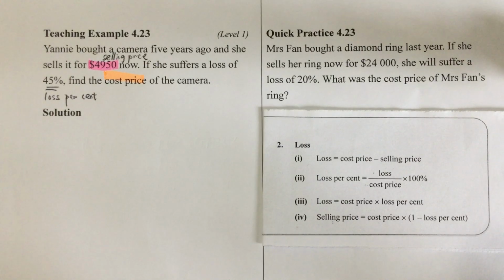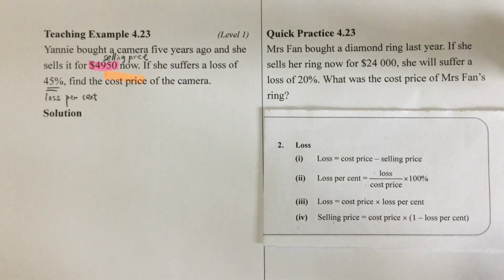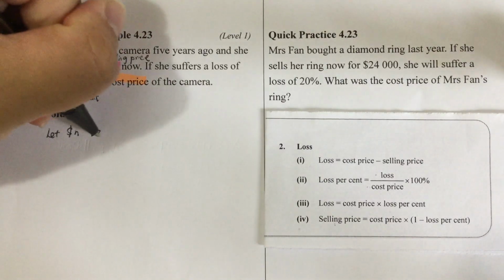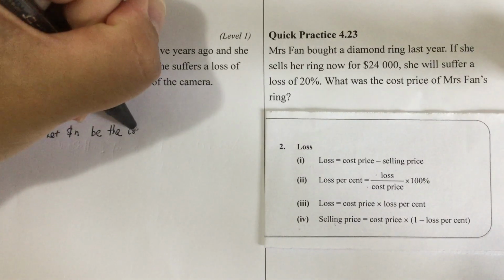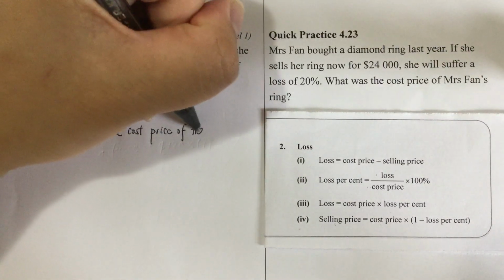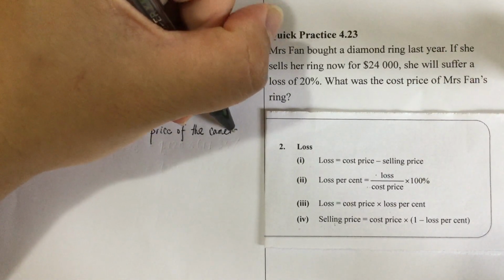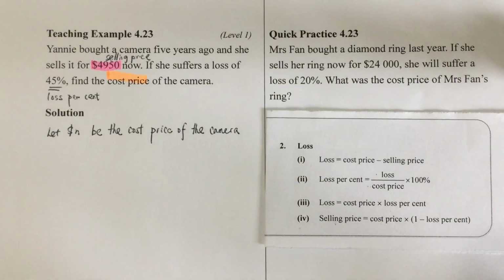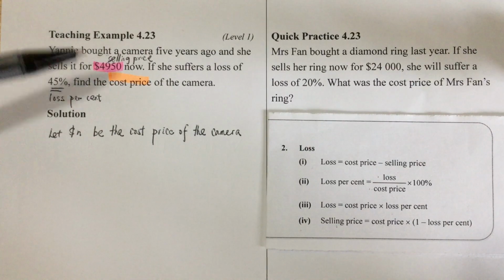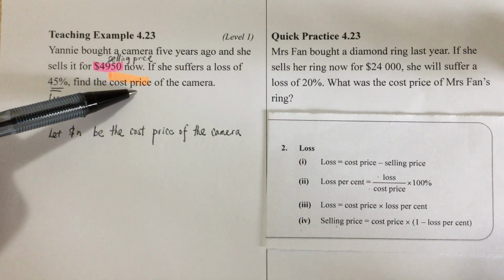Okay, now what can we do? Because every time we find the cost price, you must let something. Let n be the cost price of the camera. This is almost the first step of finding cost. Okay, after that, which formula can we use? We have the selling price, we have the loss percent, and we're going to find the cost price.